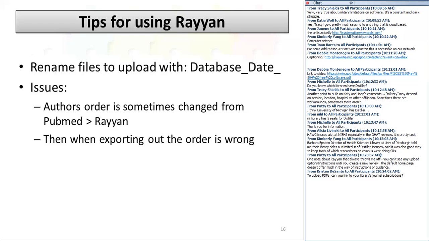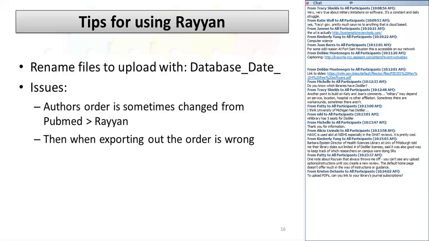Let's see. So there are a few issues with Rayon. One thing that we've noticed, especially with PubMed, is that sometimes when I import the data from PubMed, Rayon will show the authors' names out of order, so the first author is not the first author listed there. And then when I export that into another tool like EndNote or RefWorks, it's wrong as well.